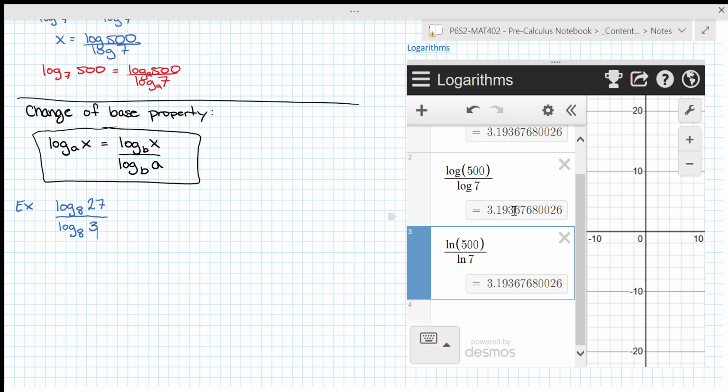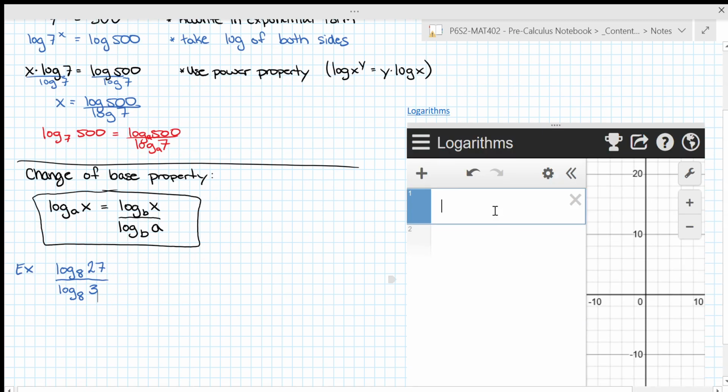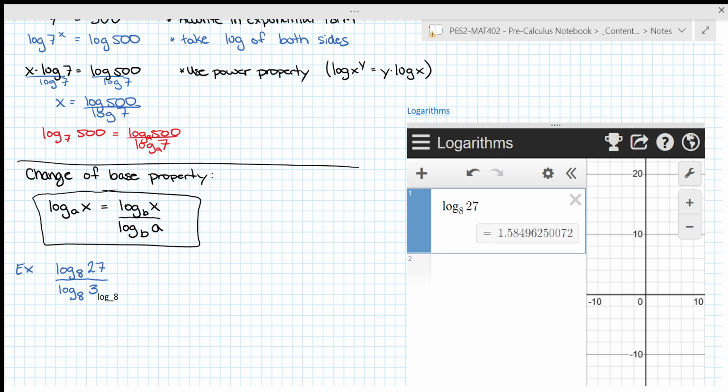And that's going to be some pretty ugly thing here. If I tried to evaluate that, log base 8 of 27, it's not a very nice number. It's kind of this irrational number, probably.